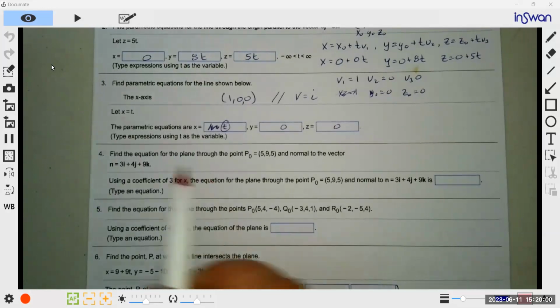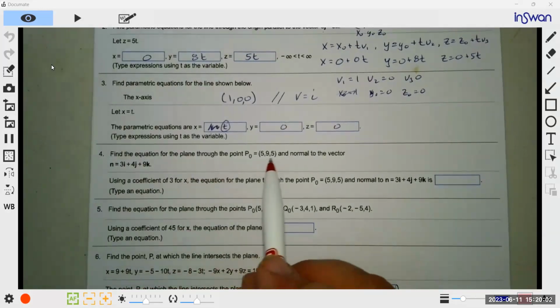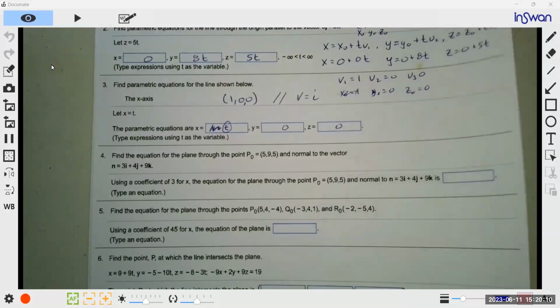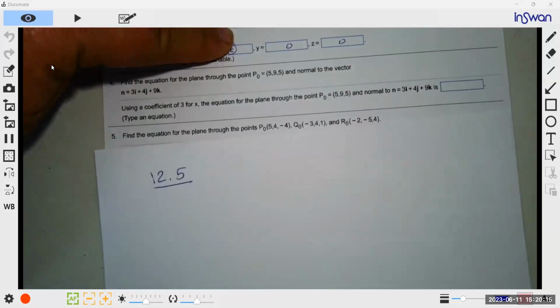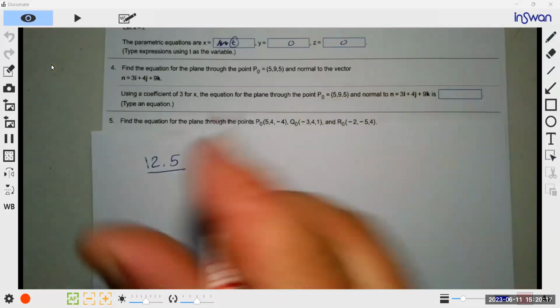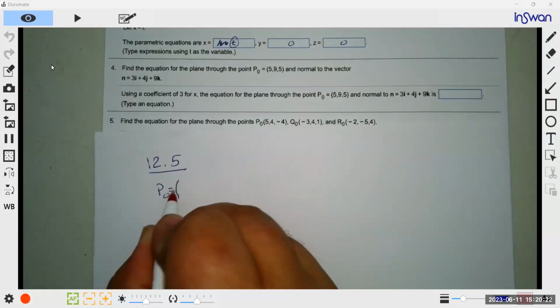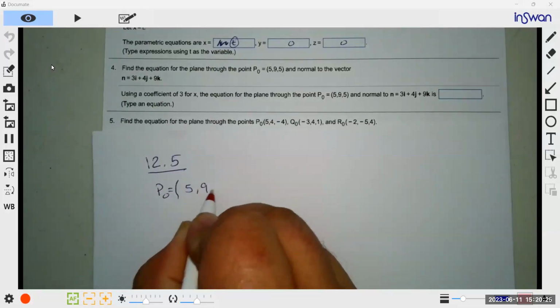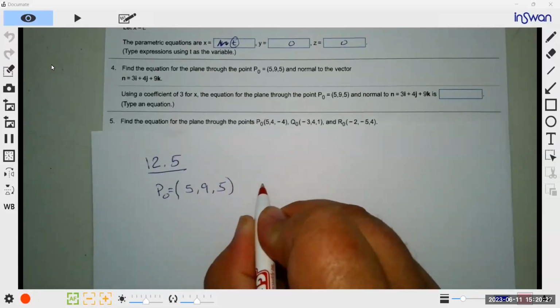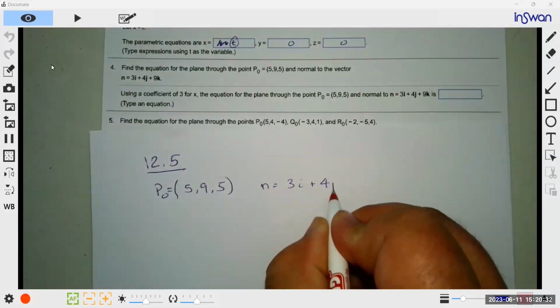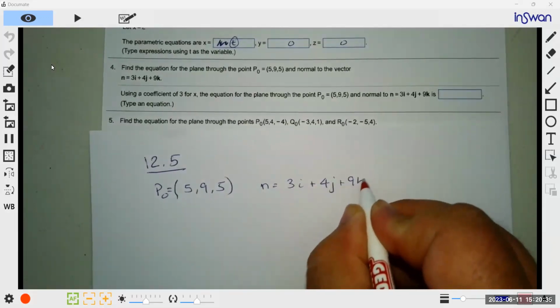Number 4, find the equation of the plane through the point (5, 9, 5), normal to the vector <3, 4, 9>. Okay, here we're going to use our vector component formulas. So we have our point P sub 0 at (5, 9, 5) and the normal 3i, 4j, 9k.